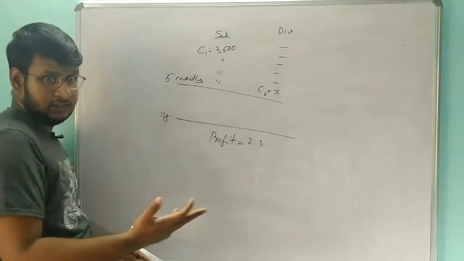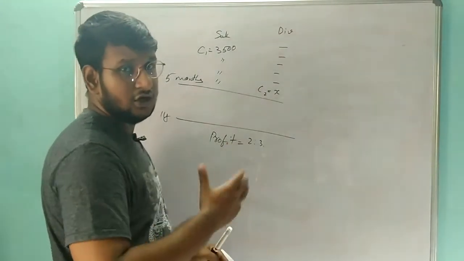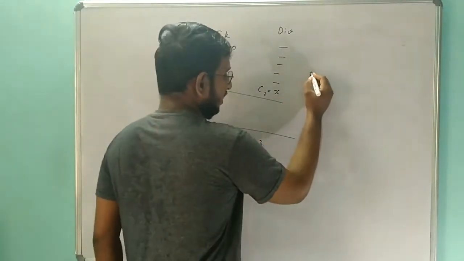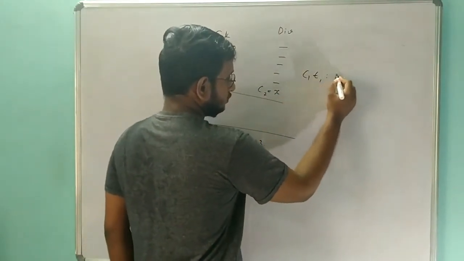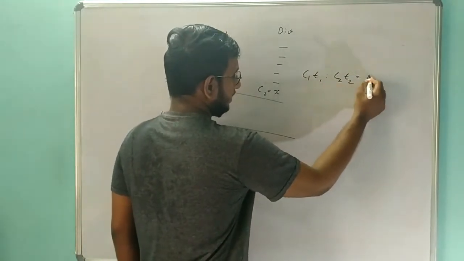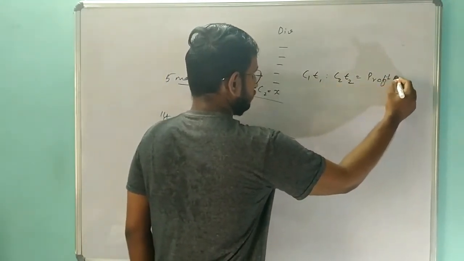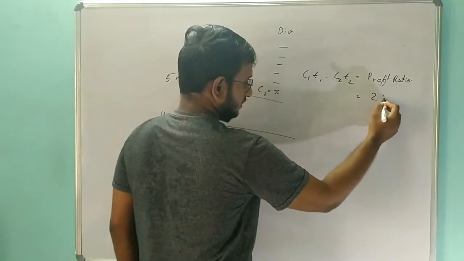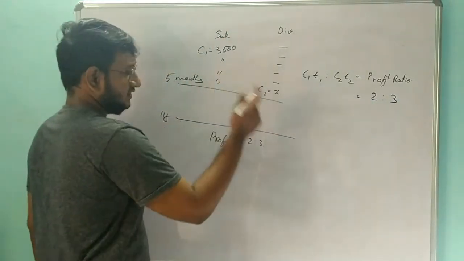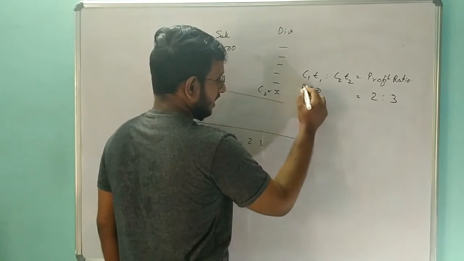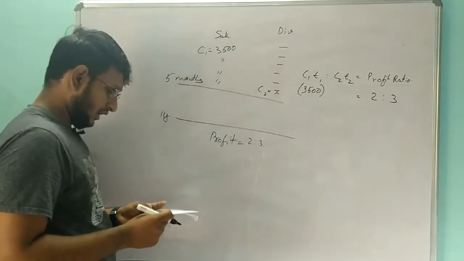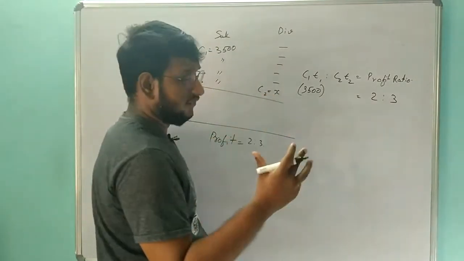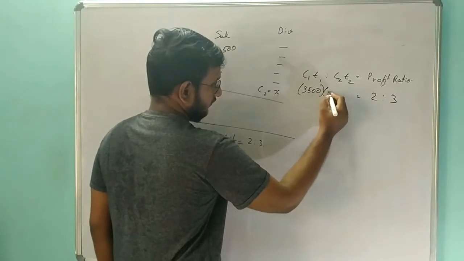We need to use the third formula again, that is C1 into T1 is to C2 into T2, to get the profit ratio. Here the profit ratio is 2:3, and we know C1 is 3,500, and she has invested for 12 months, because at the end of the year they are dividing the profit.